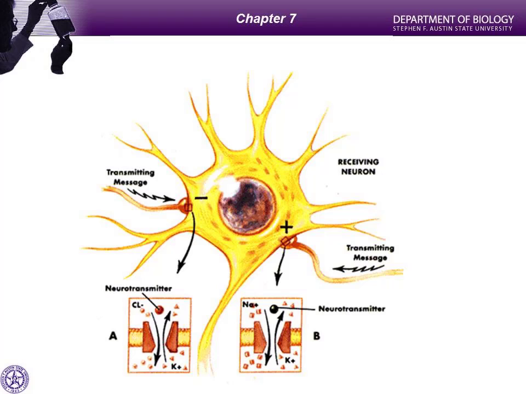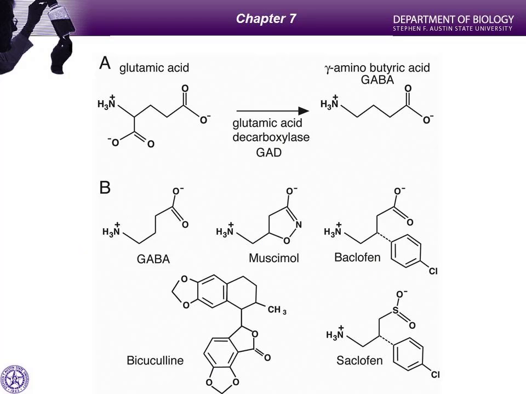But this is like two houses of Congress, checks and balances. Before you can have the excitatory signal passed on, you've got to make sure the other party thinks it's okay. You see the checks and balances there of the excitatory and the inhibitory, the greater level of control. Now, this is just showing the glutamic acid.